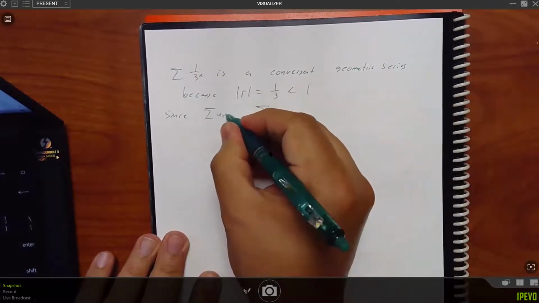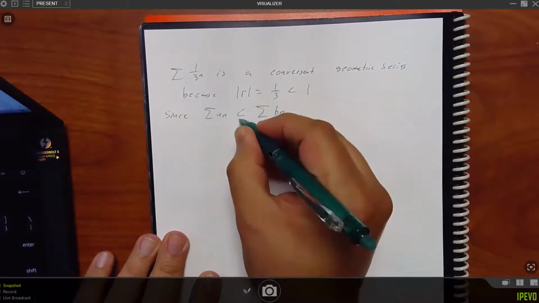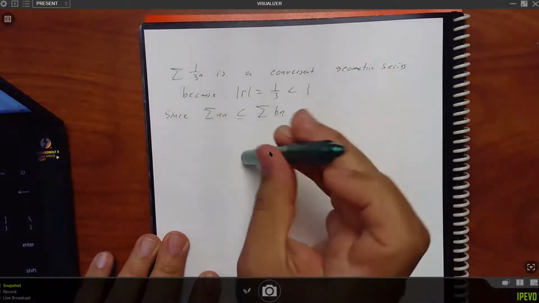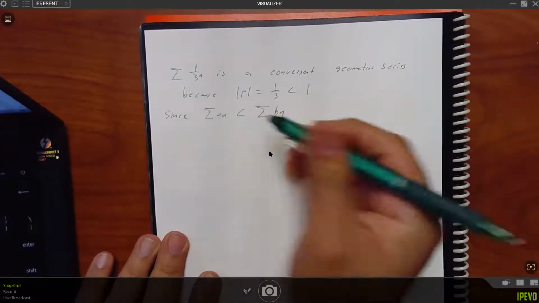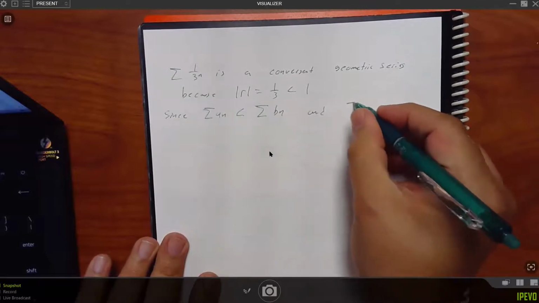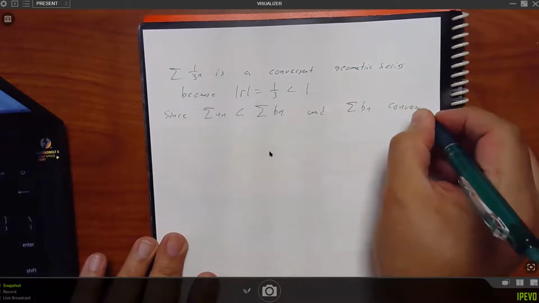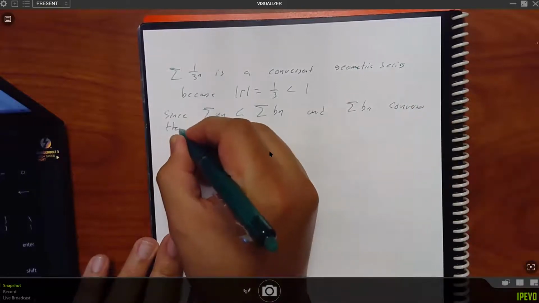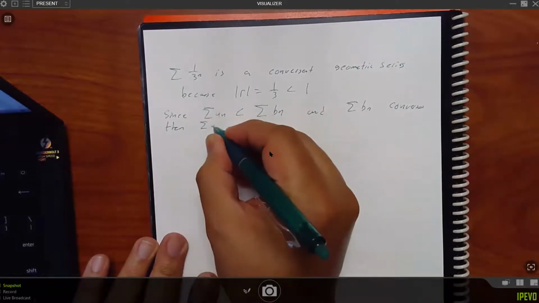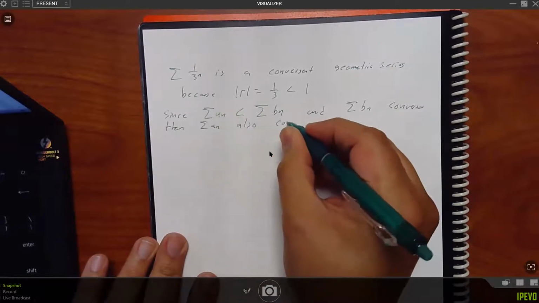Since a sub n is less than b sub n, and the series of b sub n converges, then the series of a sub n also converges.